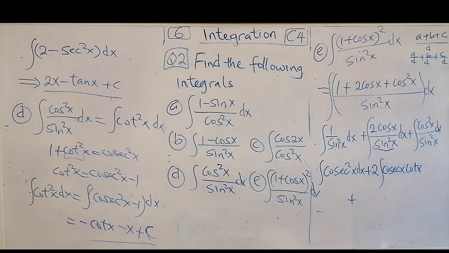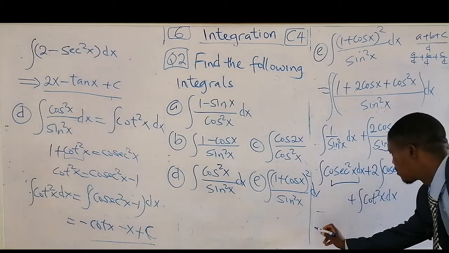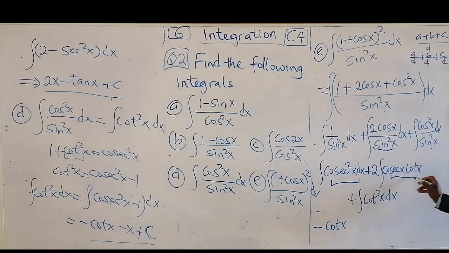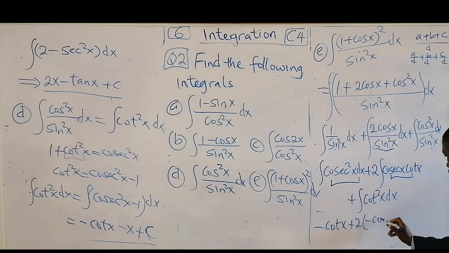Then plus the integral of cos squared x over sine squared x, that's cot squared x dx. So that's what we have now. The integral of the first is minus cot x. The second is plus 2 in the bracket, and the integral of that is minus cosec x.